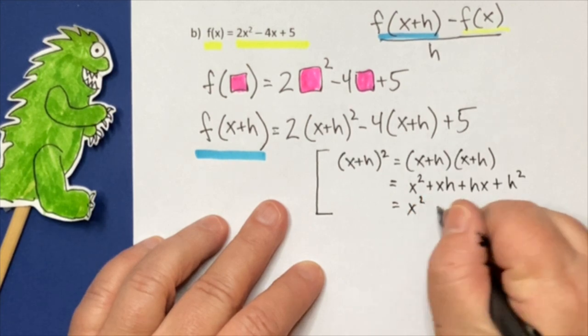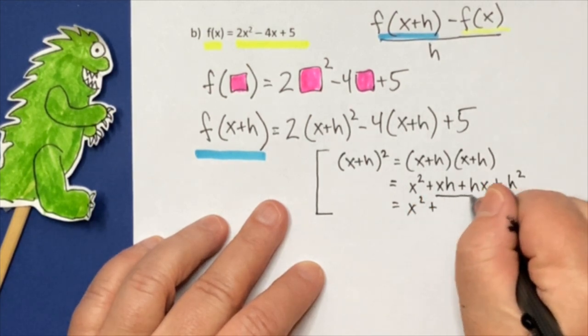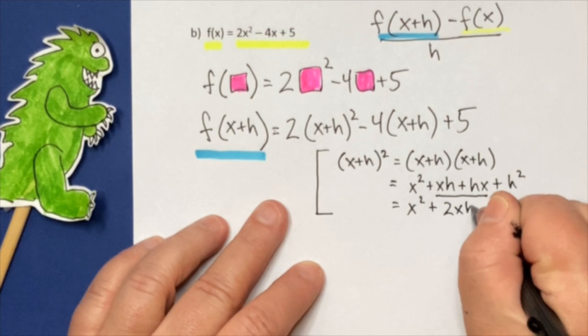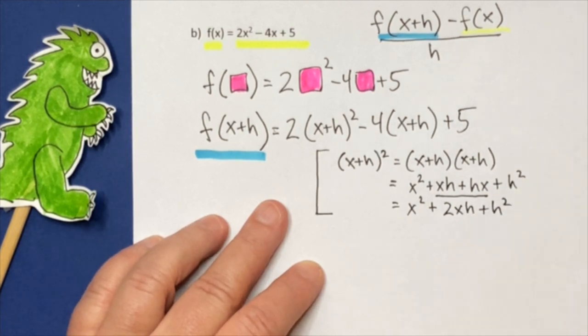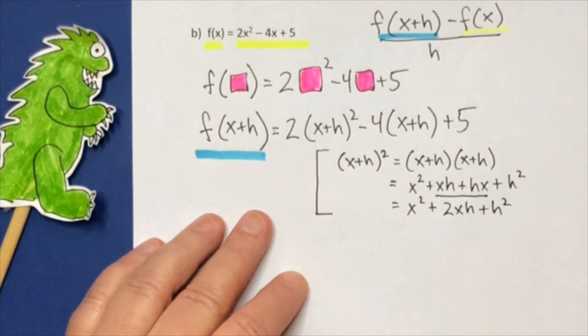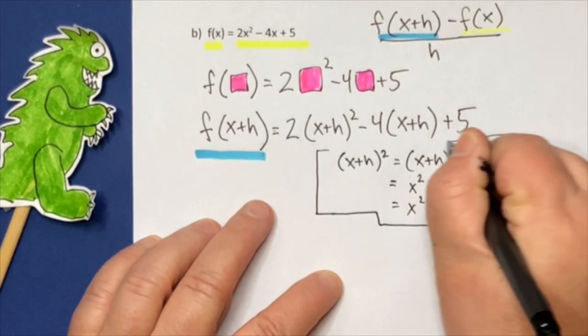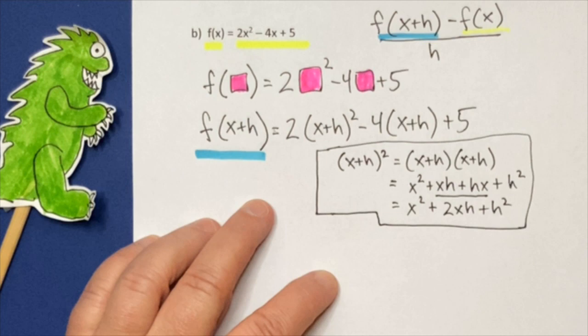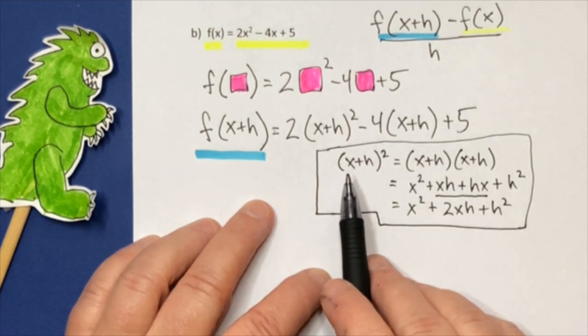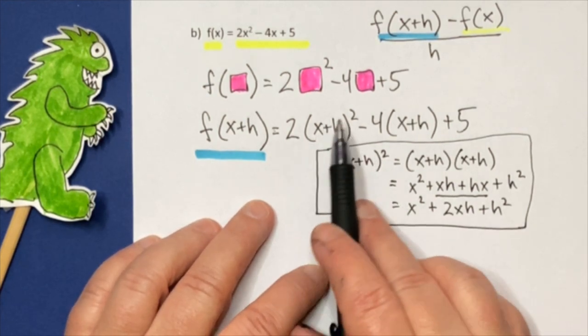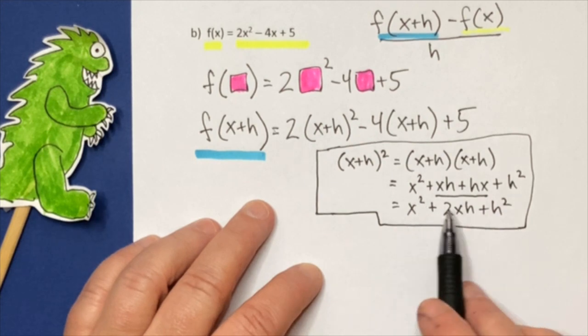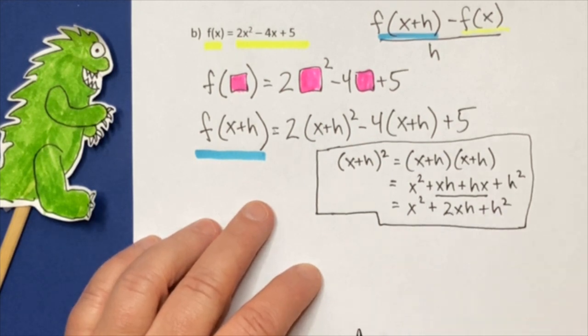So that's x squared, and hopefully at this point you're like, oh, that's right, you combine these two: xh plus h squared. Remember that perfect square formula? So I know that x plus h, the quantity squared, is going to be x squared plus 2xh plus h squared.